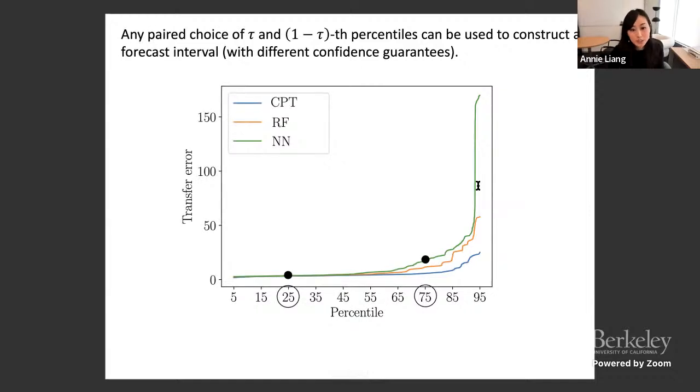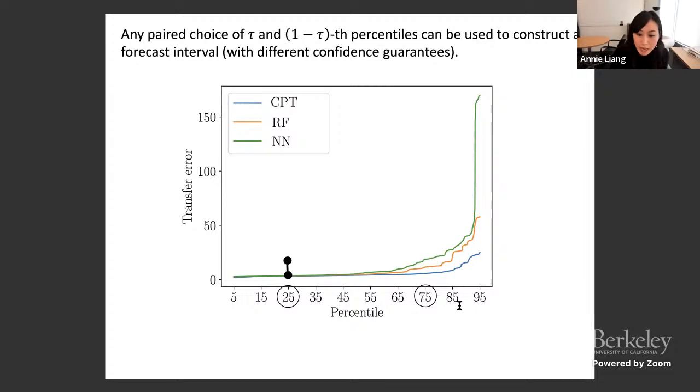And then of course, we don't have to choose 5 and 95. If you want, you can choose tau to be equal to 0.75. So then we've got 25 and 75 as the two percentiles. Again, we have the corresponding numbers, and we can produce a corresponding forecast interval. It's just the confidence guarantee here is going to be lower, corresponding to the more narrow forecast interval.